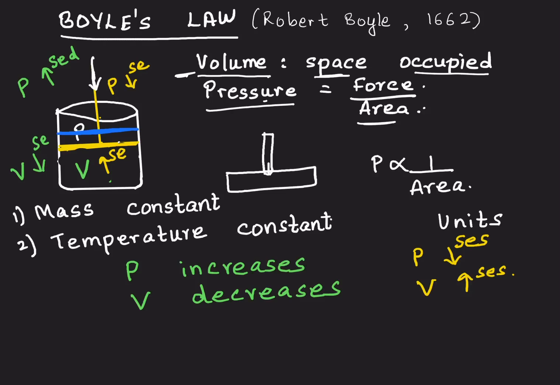So what kind of a variation is this? You've done in mathematics, when one increases, the other decreases. What do you call this? Is it a direct variation or inverse? Absolutely, it's an inverse variation. In other words, how do we denote it mathematically?